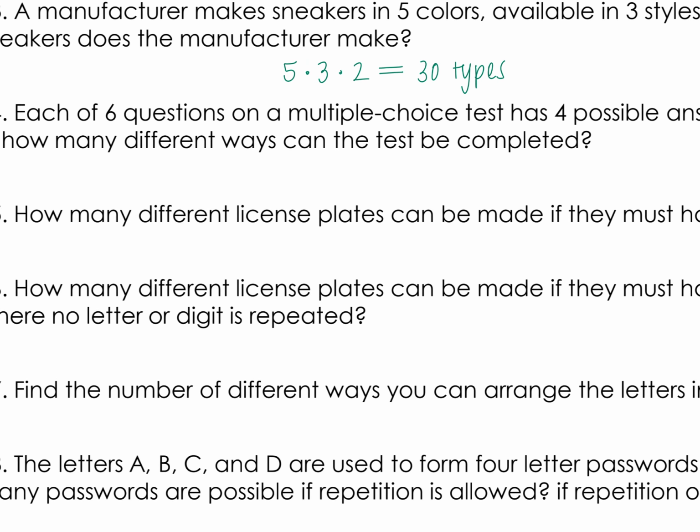So this is also going to be a fundamental counting because me making my choice on the first question has nothing to do with when I move into the second question, me making my answer choice for that one. So with this, I would just multiply 4, because I have 4 options on the first question, times 4, once again, 4 options. And I'm going to do this 6 times because I have 6 questions.